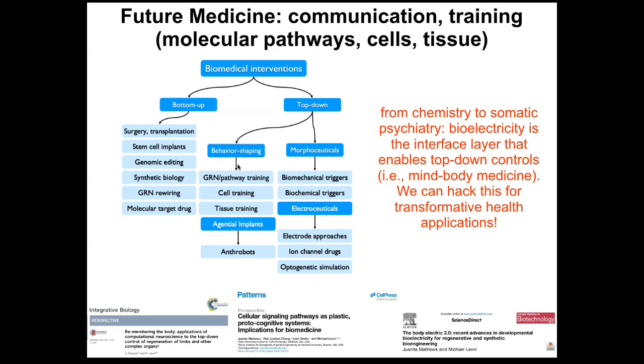A huge chunk of that is mediated by bioelectricity, and so I think that we have this amazing capability now in this field in particular to address some of this.